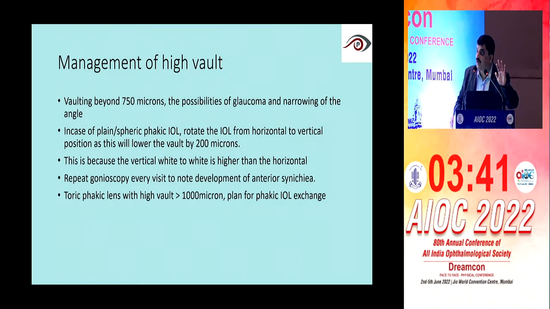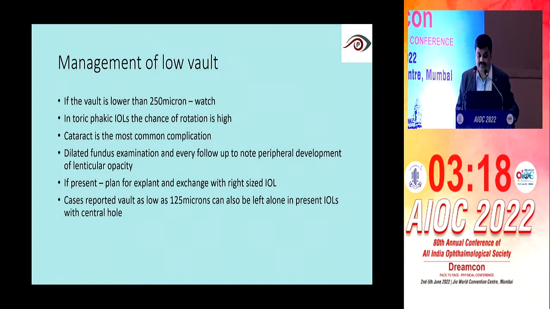This will lower the vault by around 200 microns. Why is it? Because vertical white to white is always higher than horizontal white to white. In such cases, you can repeat gonioscopy at every visit to note the development of anterior synechiae. For a toric phakic lens with a very high vault, more than 1000 microns, it is better to plan for a phakic IOL exchange.